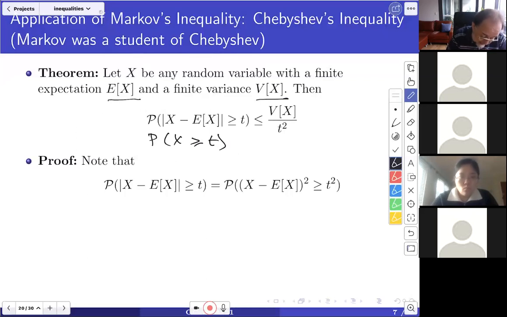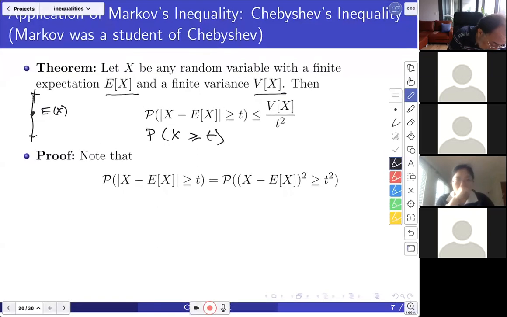So this tells us how likely your random variable will be off its expected value, right? So you have your random variable, and this is its expected value of x. So this tells you the probability that you are significantly above or below the expected value of this random variable.